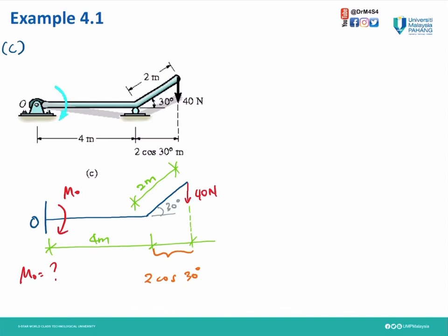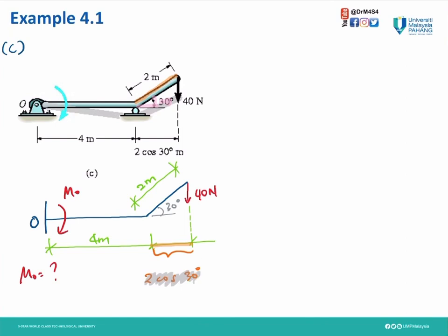Next, let's do the third one. We need to find the moment at O. For this one, we need to know this distance. We know this distance is 2 meter, and as you can see here, the angle given is 30 degrees. Therefore, with trigonometry, we can find this distance, which is 2 cos 30.